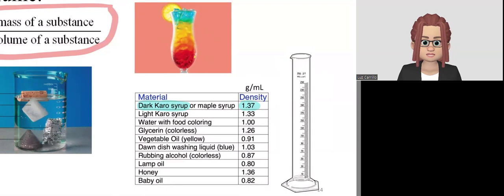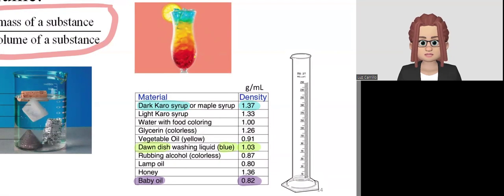I'm going to select the Dawn dishwashing, and this is its density. And then I'm going to select baby oil, and this is its density.